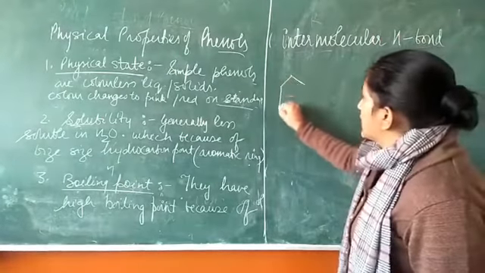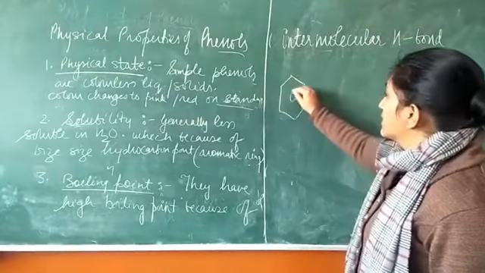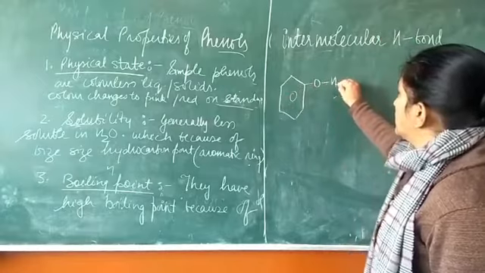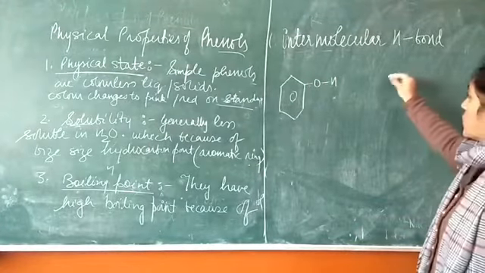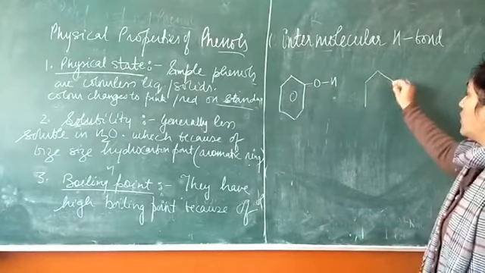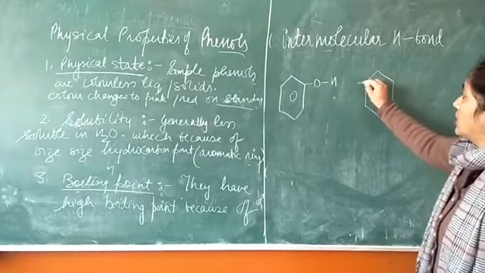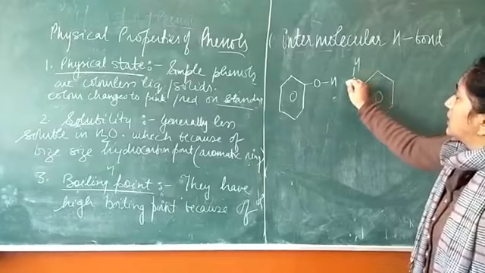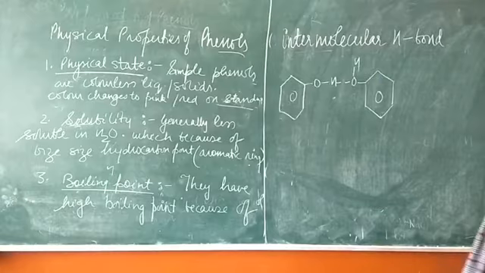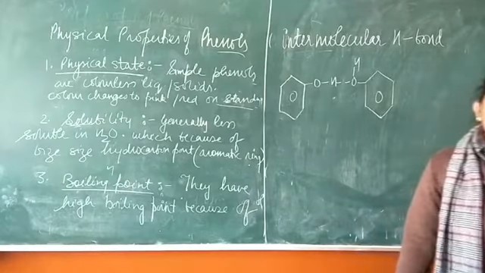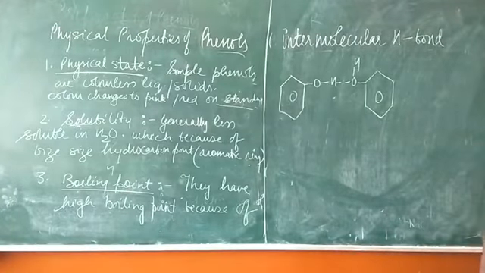So if you take an example here, this is phenol, right? And here is another phenol molecule, which is going to form intermolecular hydrogen bonding in this way, right? As a result, the force of interaction is stronger and the boiling point will get increased, right?